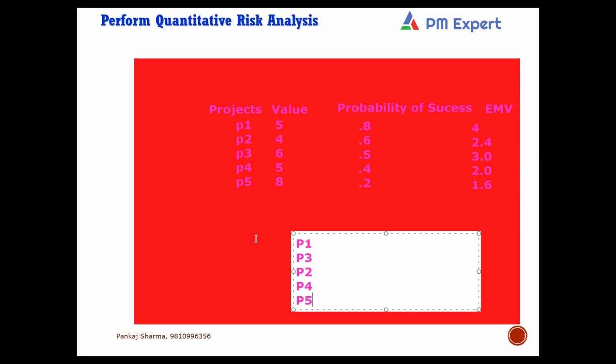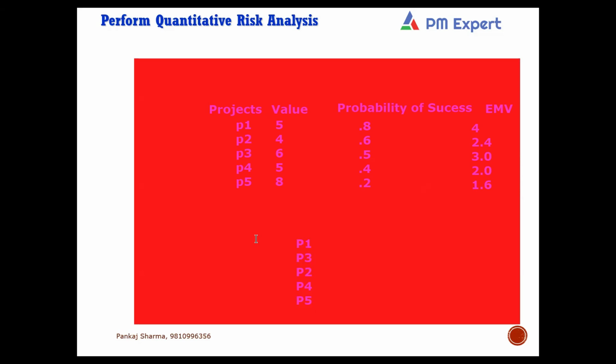Now see, the risk associated with different projects is different. If you look only at the value, P5 looks very attractive, 8. Now how much is the risk associated with this? 80%, because the probability of success is only 0.2.